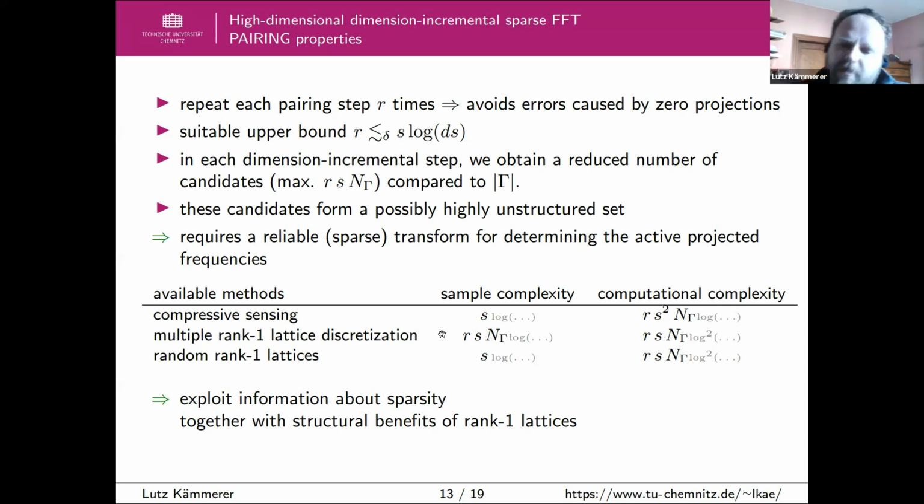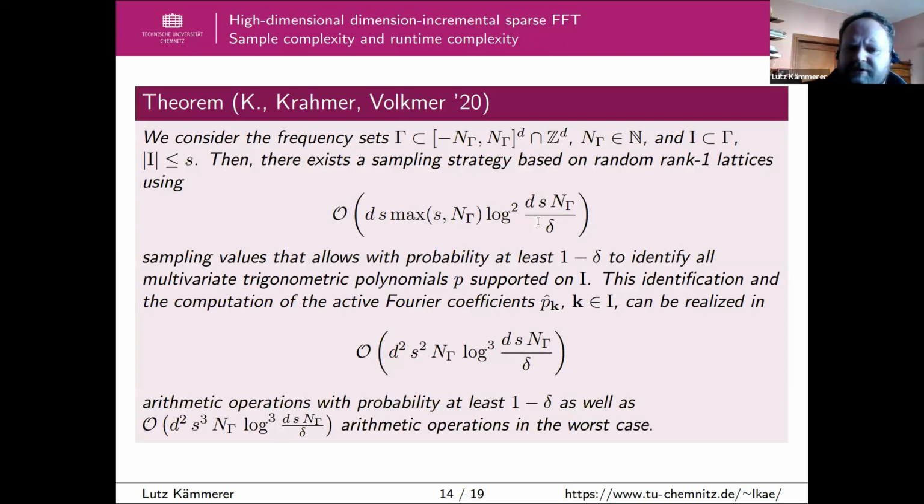So these are the complexities of one step of this d-dimensional dimension incremental sparse FFT. And now we do this several times, and clearly you can plug in all these things and get an estimate on the number of samples you use during the whole process.